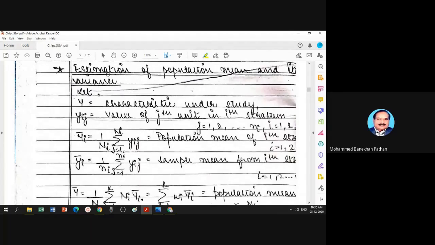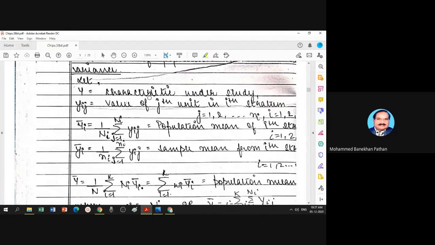Notations for getting an estimation. Let capital Y be a characteristic, you can call it the variable under study. The example I just told about was the height of the students. So capital Y stands for the height of the students under study. Capital Yij is the value of the jth unit in the ith stratum.